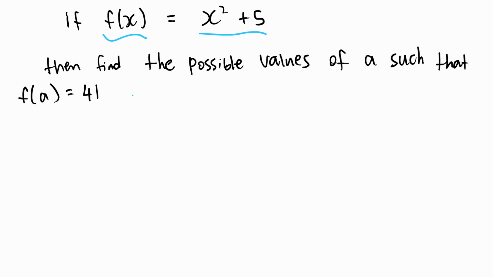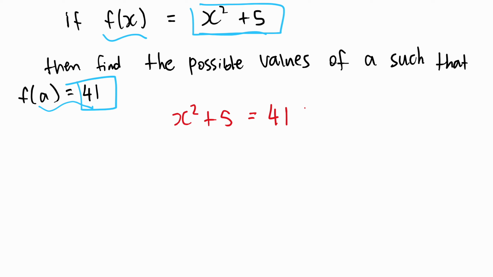It's basically telling us f of a is 41, and we have f of x is x squared plus 5. We're supposed to find the values such that it matches. So we can rearrange this equation like so: x squared plus 5 is equal to 41.